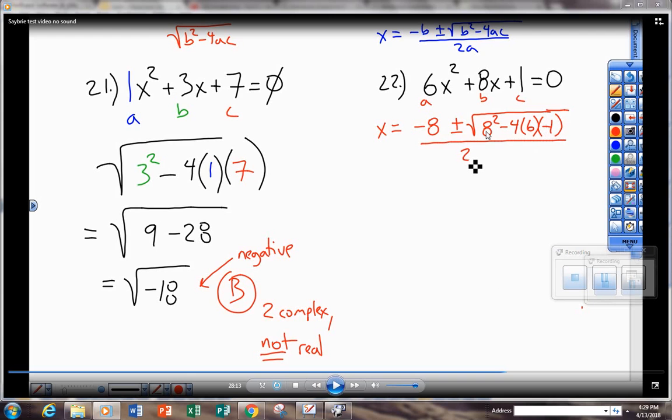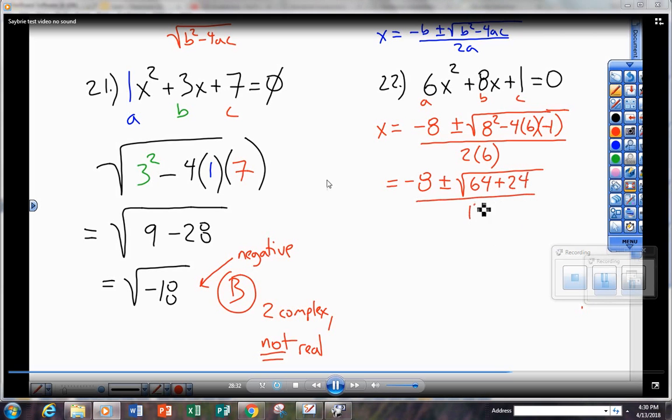So this is really 64 minus 24, not 64 plus 24 like I show you. And at the bottom it's 2 times 6, which gives me negative 8 plus or minus the square root of 64 minus 24, over 12.